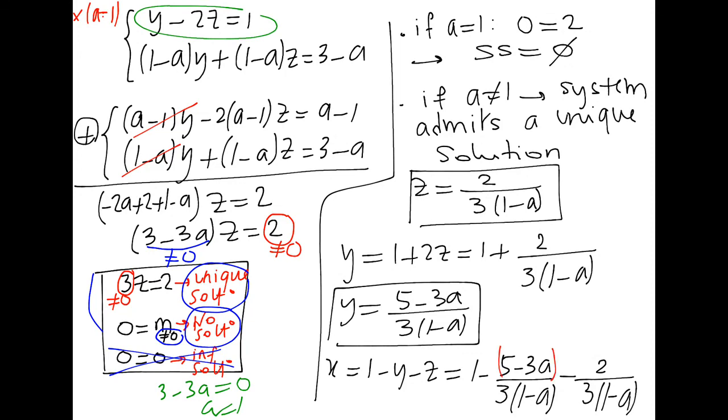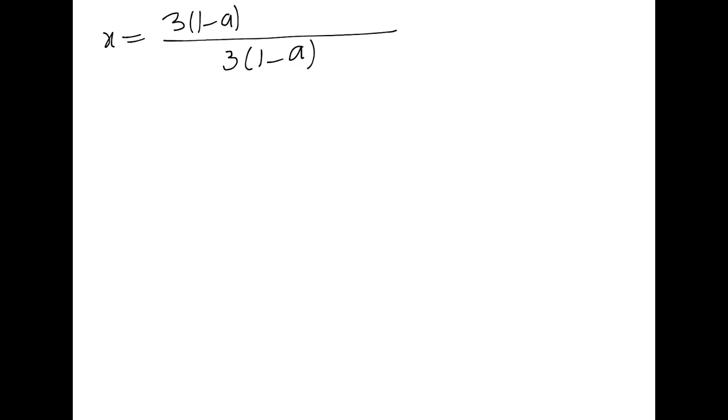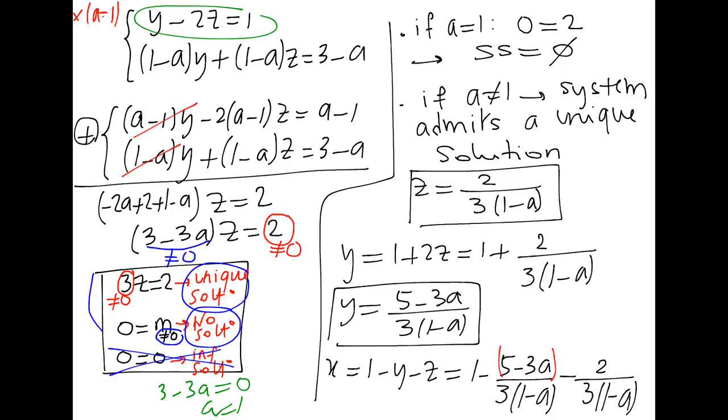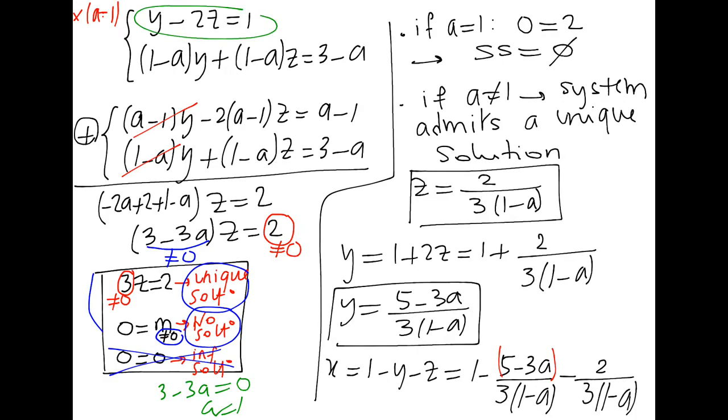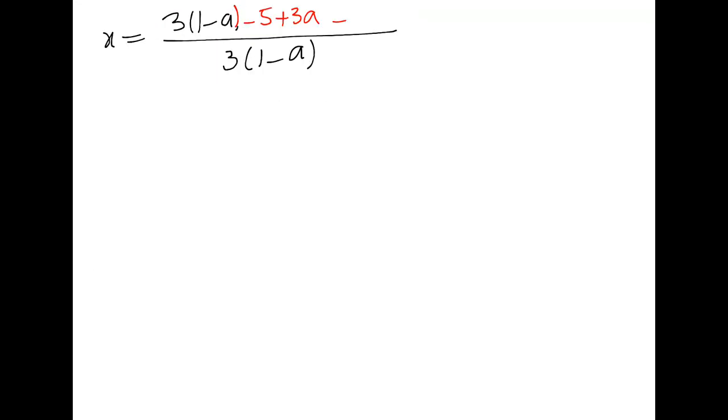Now, the other two fractions already have that common denominator, so I just expand the minuses into them. Don't forget, whenever we have a negative in front of a fraction or multiplying a fraction, the negative either multiplies the whole numerator or the whole denominator. So over here we're going to expand it into the numerator, so that's negative 5 plus 3a, and then minus 2.